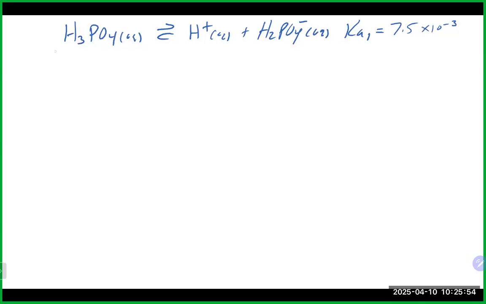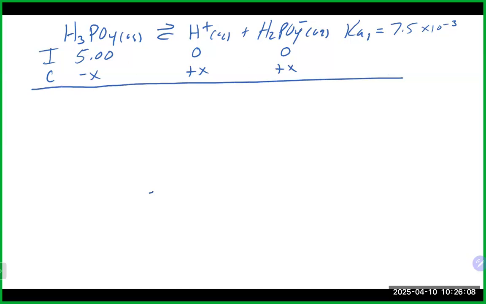So we're going to start with our initial concentration of our acid, which was 5 molar in this case. We're going to do a regular ice table here. So 0, 0. Change is going to be minus x, plus x, plus x. That means at equilibrium, 5 minus x, x, and x. So we're just going to do a regular old ice table here to figure out what's going on.